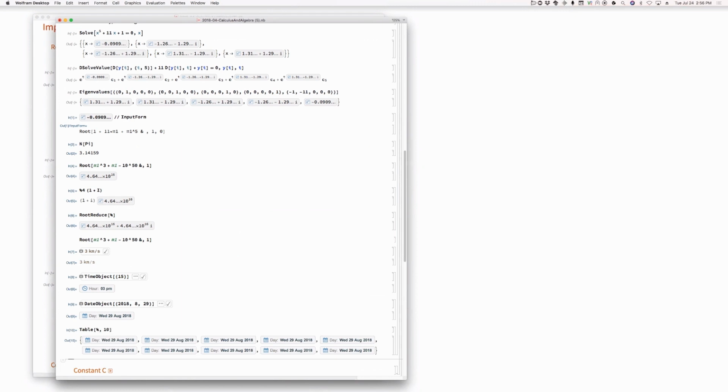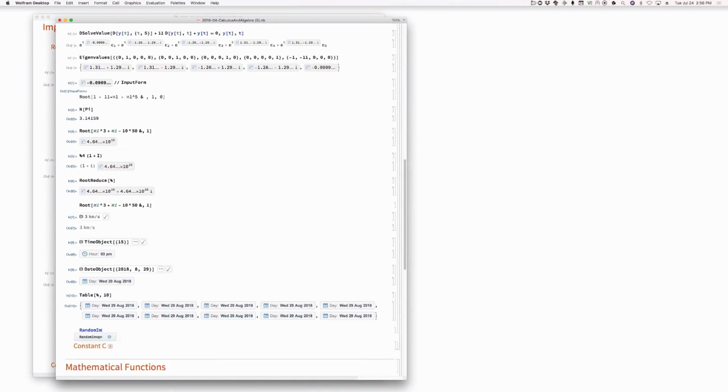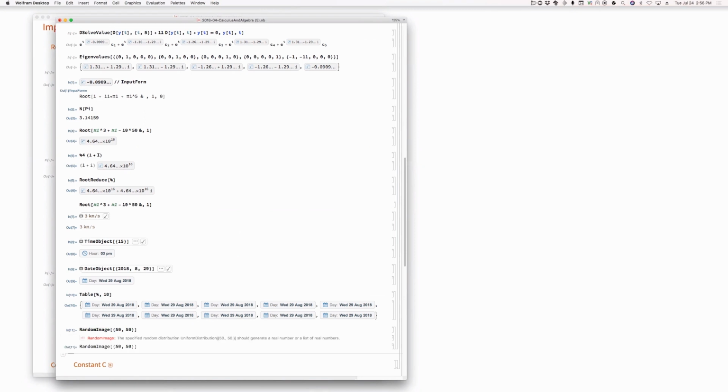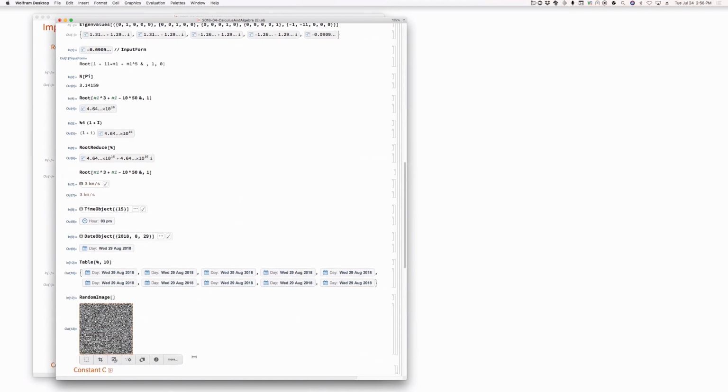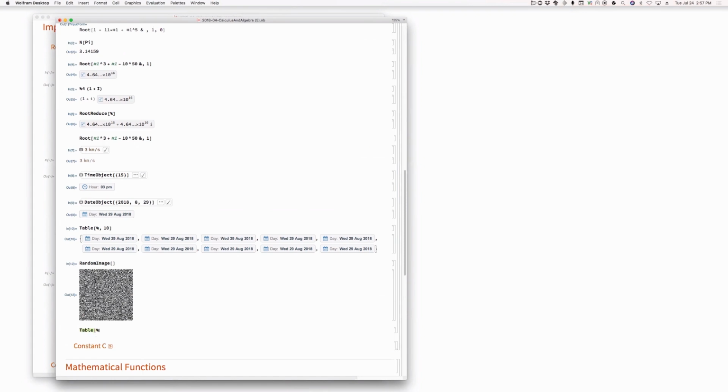It's also the case that, just like with images, we could in principle have a form of these that elides more. Just like if we do a random image, 50-50 or something. Oops. I don't even know what that's doing. Okay, but anyway, if I do that, and then I do a table of that, comma 10.